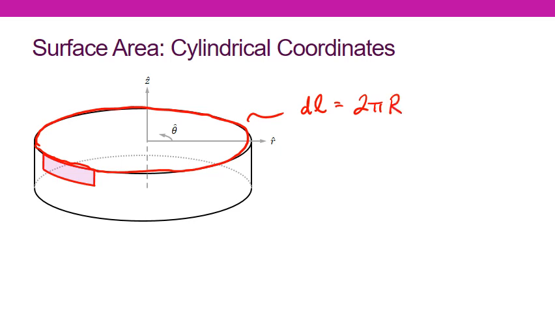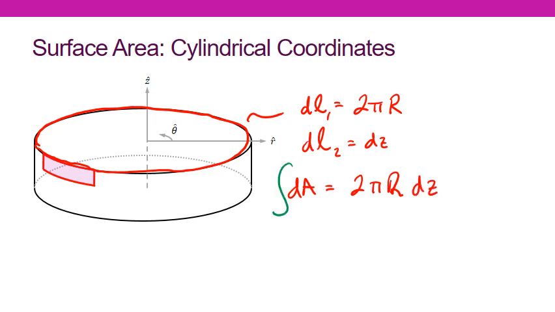And so that's my length in one direction, and in the other direction, my second length is still dz, and so I could also do my area, simplify it out to be 2 pi times my radius dz, and then integrate this, and I would get the same thing. I would go ahead and get 2 pi r h as the area of my barrel.